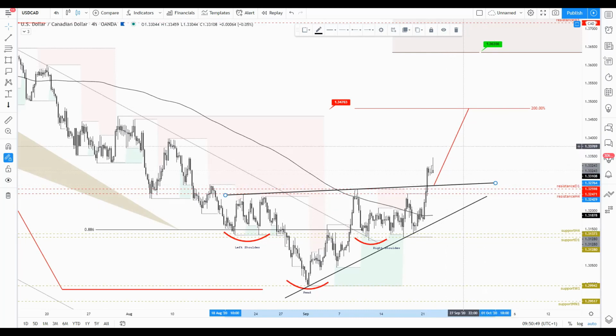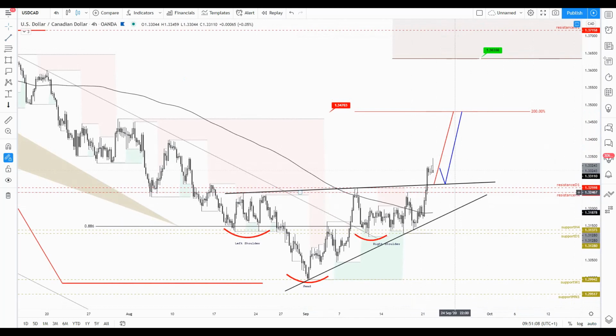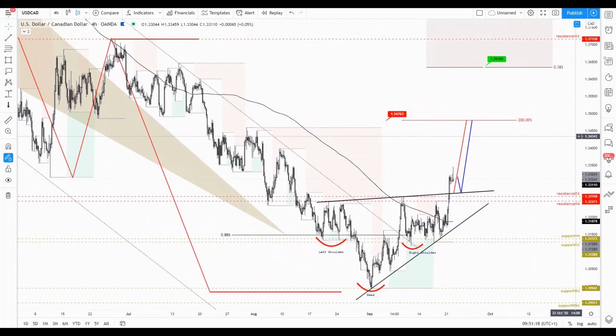But let's wait and see. The default target for the pattern is still projected above. We should not ignore the eventual retest of that trend line as support now, because it was a resistance and it may act as a support, and if that happens, it may trigger more upside momentum for the pair. Obviously, as I said before, recovering those resistance levels may increase the probability for more downside momentum, and this is just a question of probabilities.